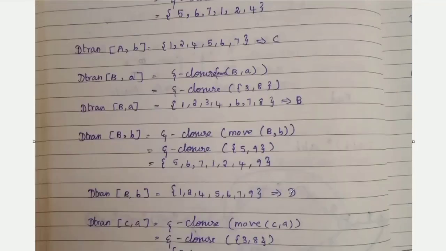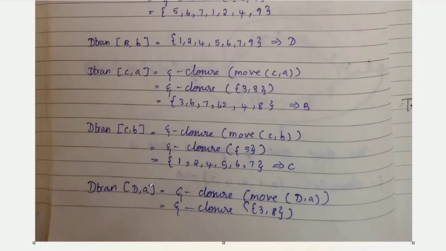Now we compute the transitions from state D, {1, 2, 4, 5, 6, 7, 9}. Apply the inputs a and b. DFA transition of D comma a equals epsilon closure of move(D, a). From state capital D, we have {1, 2, 4, 5, 6, 7, 9}. The given numbers 2 and 7 lead to {3, 8}.